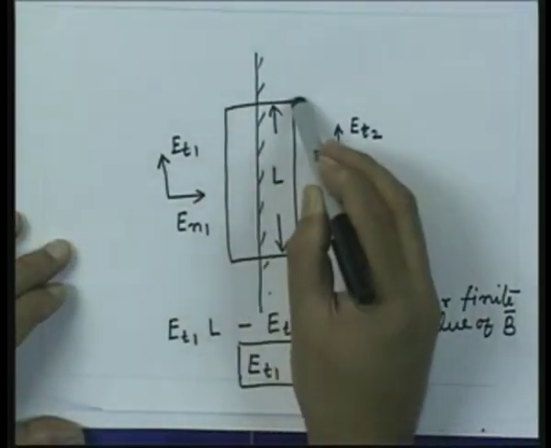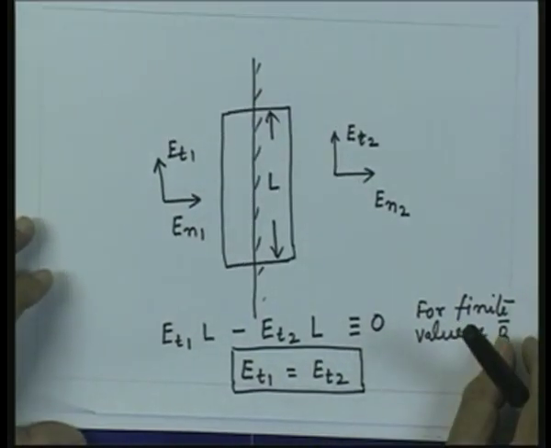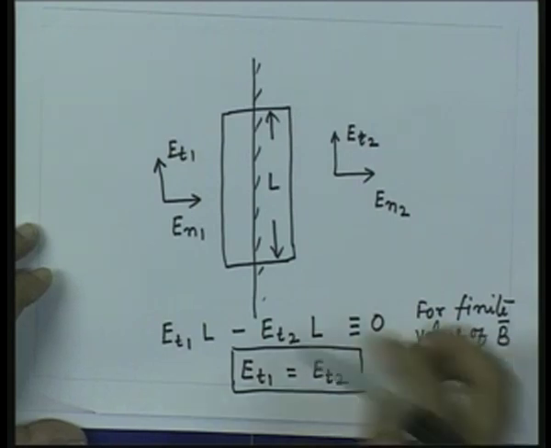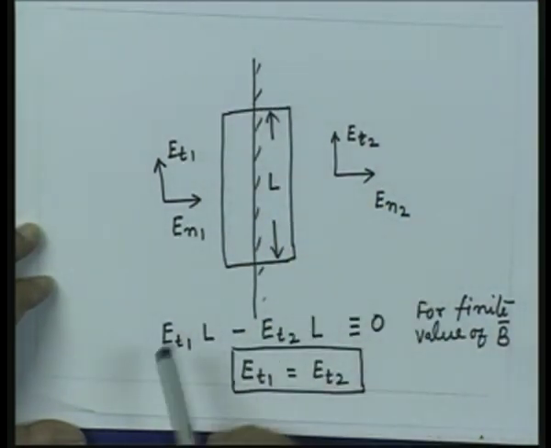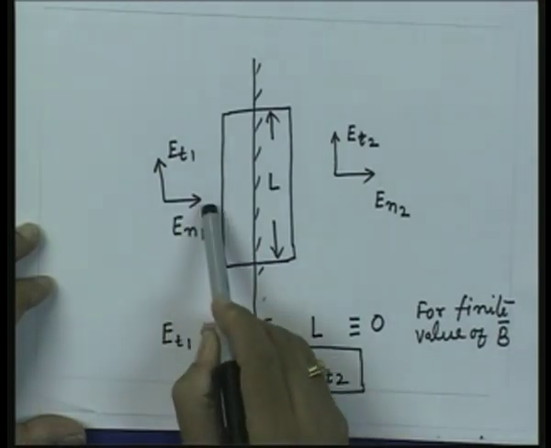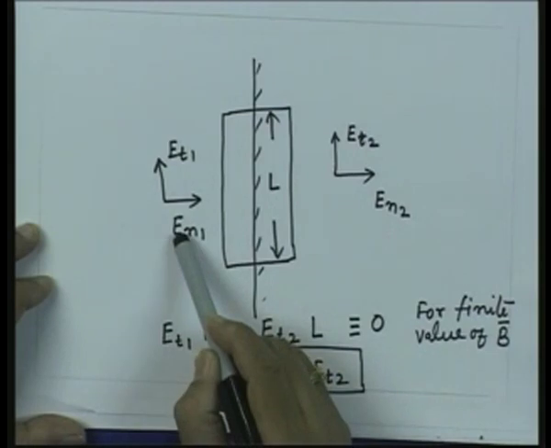Now, since we are talking about finite magnetic flux densities and also their rate of change, the rate of change of the magnetic flux enclosed by this loop is a finite quantity. So, if I take the line integral of the electric field across this loop, on this wall essentially the normal component is involved, so the line integral will be 0 for the normal component.